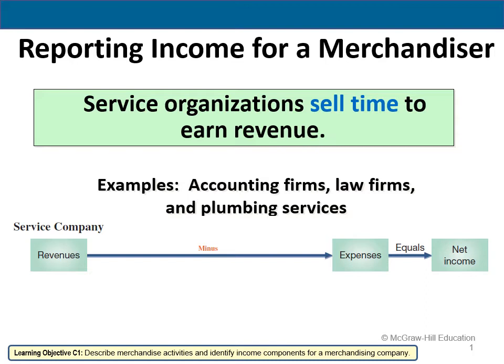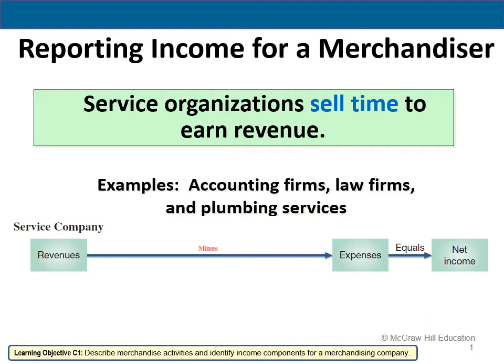The difference between a merchandiser and a service company: service organizations sell time or provide a service, like the paralegal was one of the companies, or a company that installed siding. Those are examples of service organizations. Merchandisers are retailers, wholesalers, the Walmarts of the world, and their revenues are typically sales revenue.